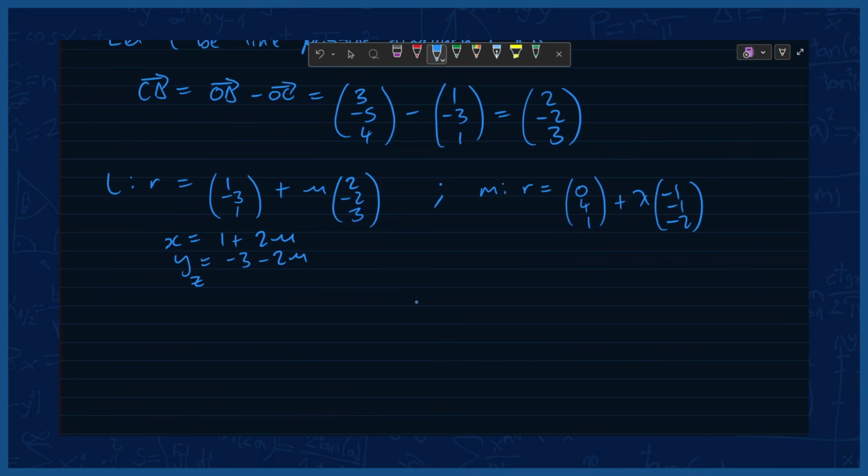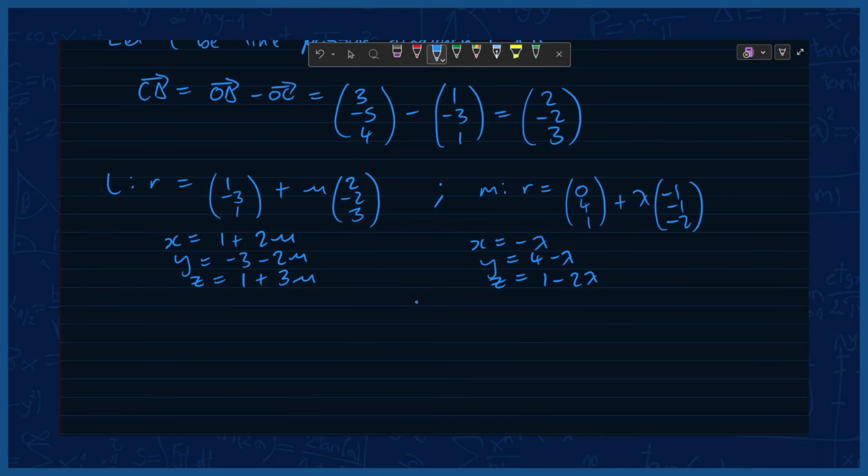And my z component comes from 1 plus mu times 3, so 1 plus 3 mu. We'll do the same here. My x component comes from 0 plus lambda times -1, so negative lambda. My y component is 4 plus lambda times -1, so 4 minus lambda. And my z component is 1 plus lambda times -2, which is 1 minus 2 lambda.